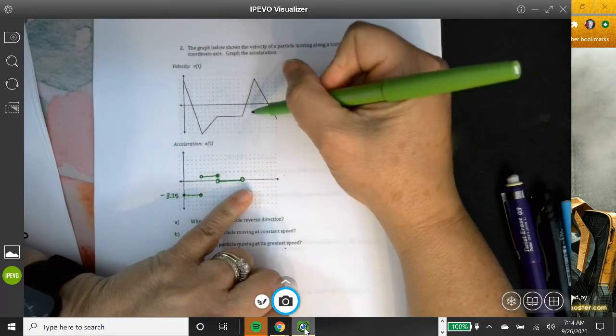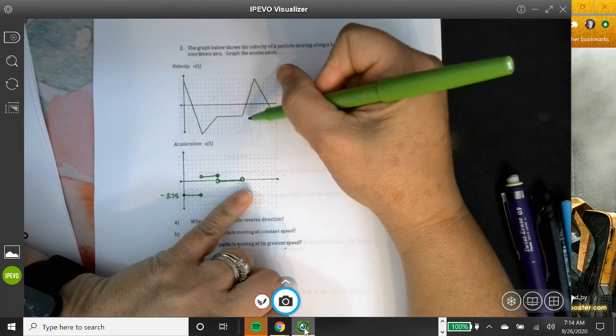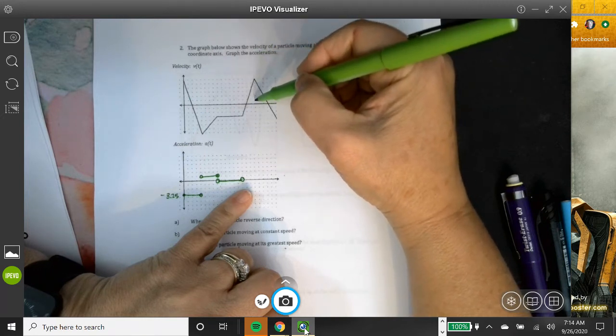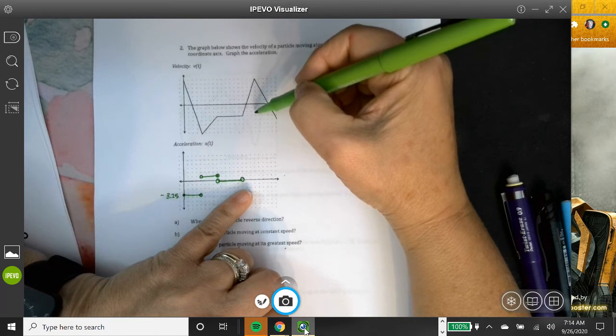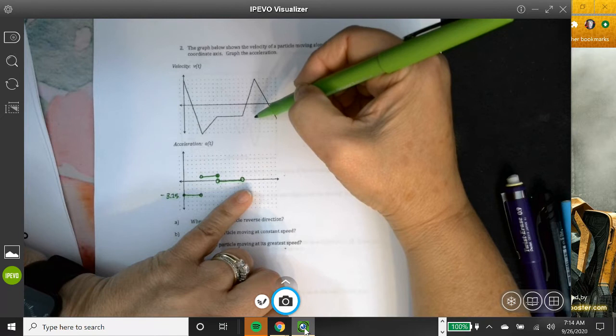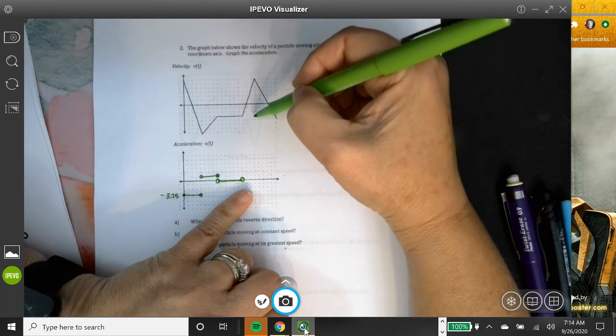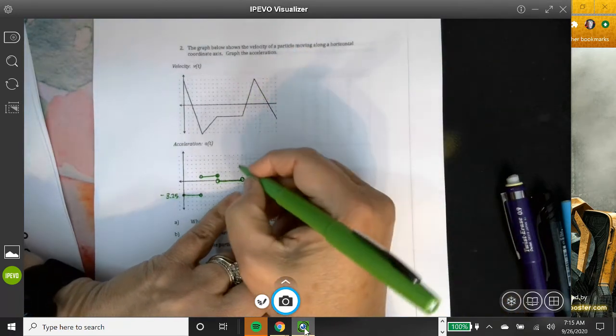All right, and then what kind of slope do I have after that? I have 1, 2, 3, 4, 5, 6, 7, 8, 9, over 1, 2, 3. That's a slope of 3, and it's positive.